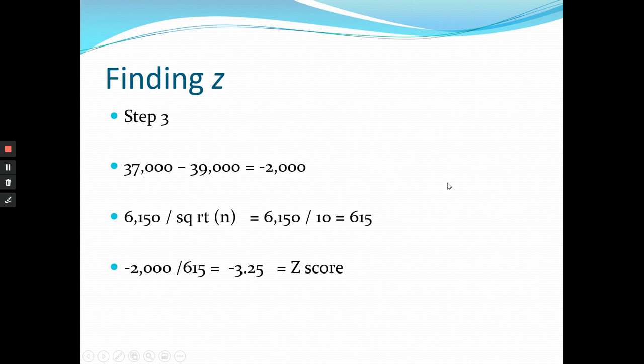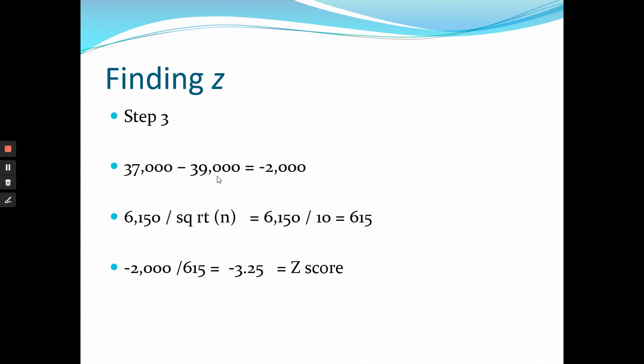So step number 3 in hypothesis testing was we calculate our statistic. So the top part of the one sample z is the sample mean minus the population mean. So on top, the numerator is negative 2,000. So we're in the right direction. Remember, we made a one-tailed prediction that it's going to be less than 39,000. So we are in the right direction.